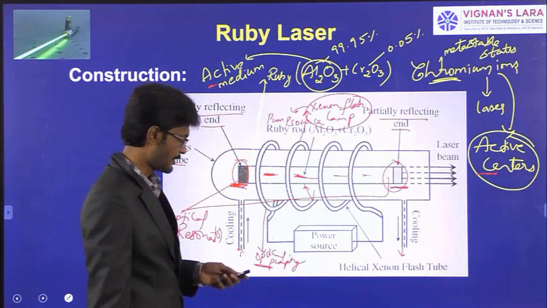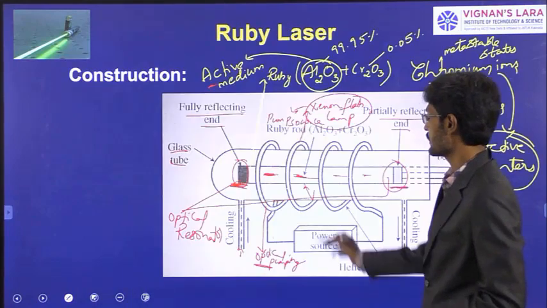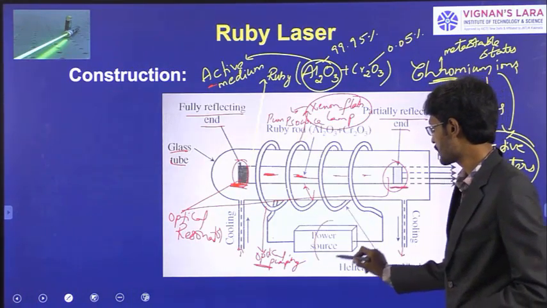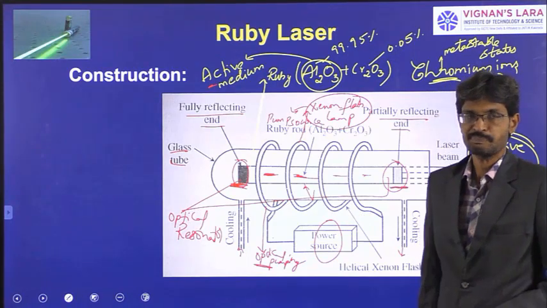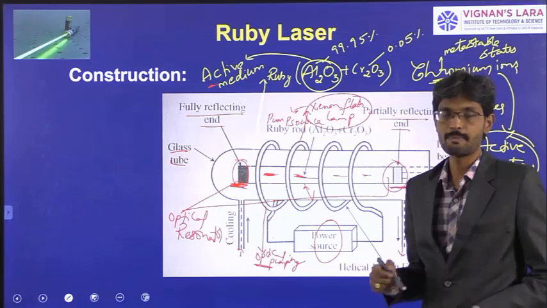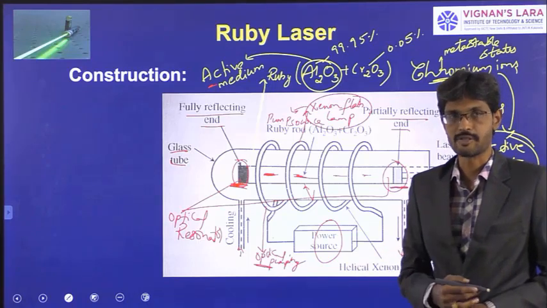Okay. Now, if you see the working, in this arrangement, when the power source is switched on, the xenon flash lamp will produce light flashes of high energy.